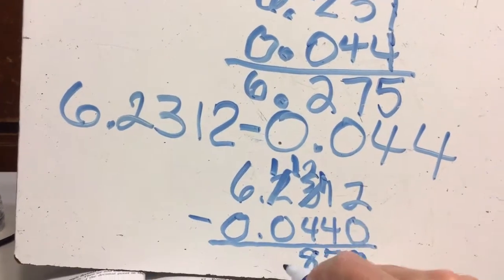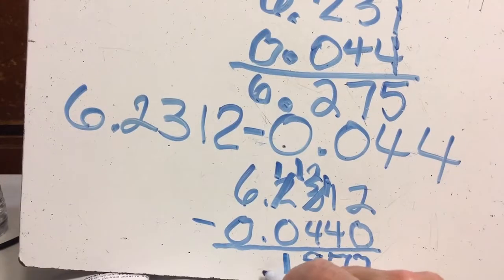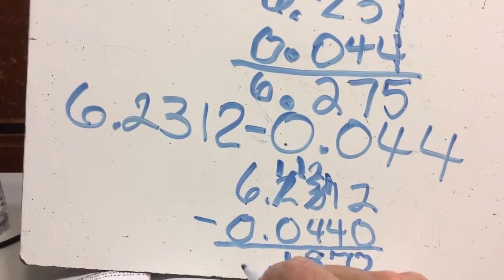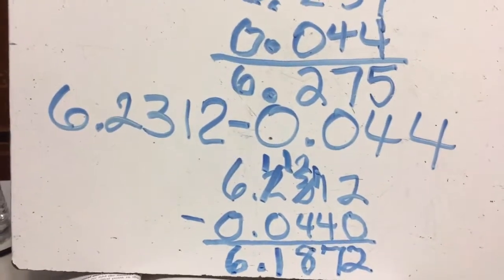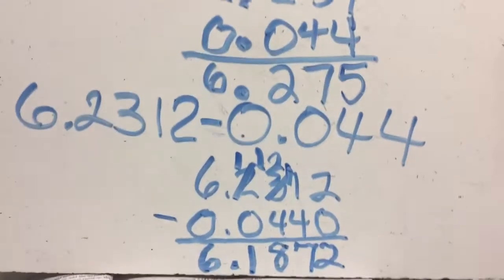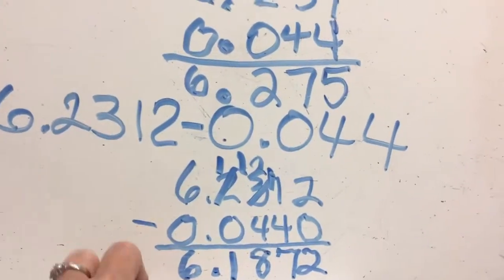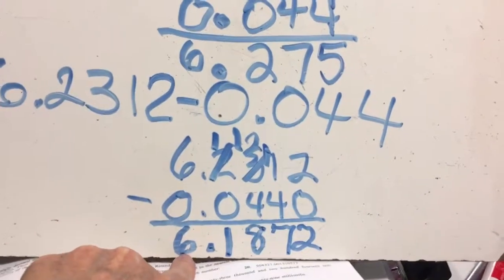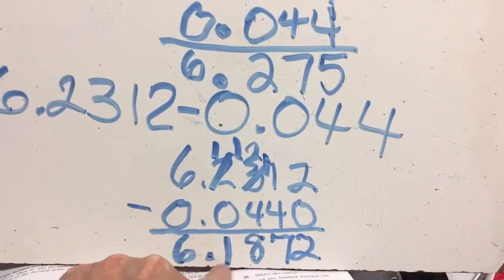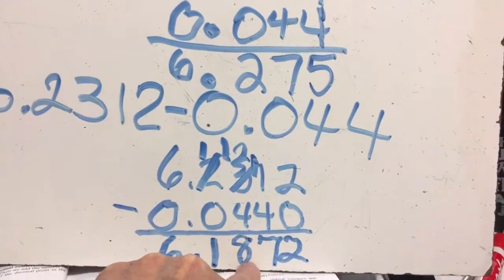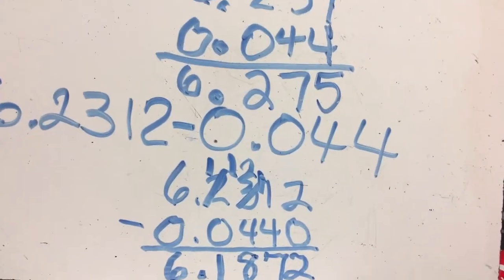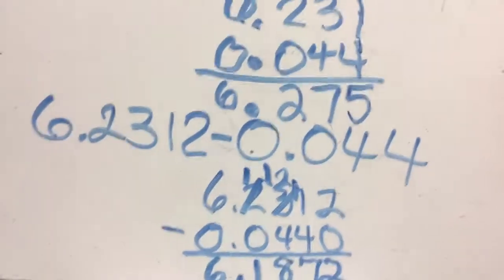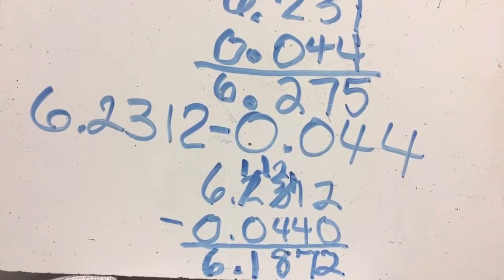And then 1 take away 0 is 1 and decimal. And 6 take away 0 is 6. Okay, so that would be the answer. Now, let's do our little bit of practice with our reading. This answer down here is 6 and 1,872 10,000ths.